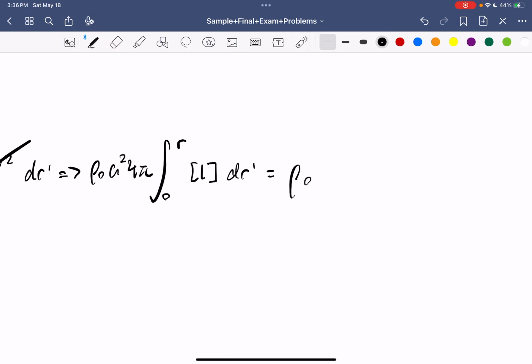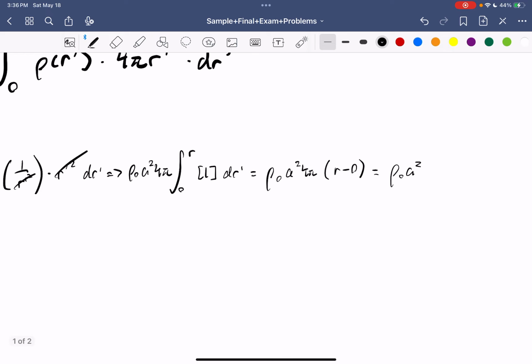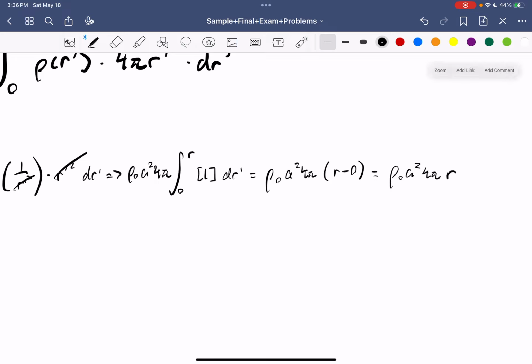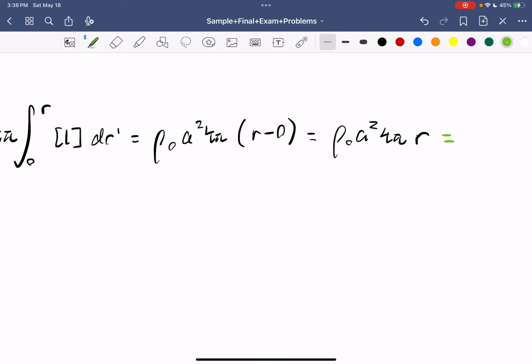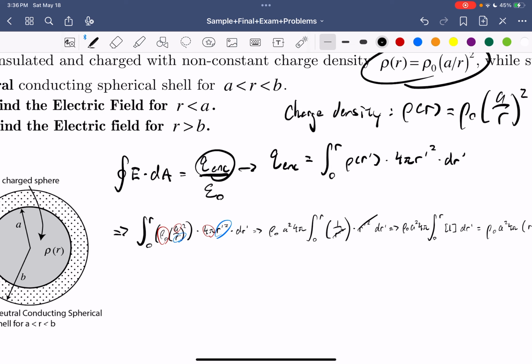That's going to be the constants and r minus 0, which equals rho sub naught a squared 4 pi r. Okay, are we done here? No, we're not done here, but we now know Q enclosed. This is going to be Q enclosed, and that's what we're going to plug back in here.